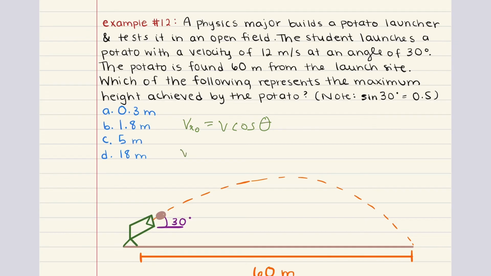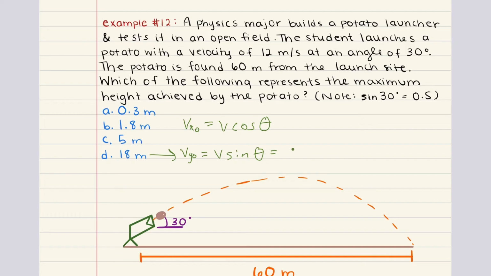For our vertical component, that's going to be equal to v sine theta. Now, since our ultimate goal for this problem is to find the maximum height, we only care about the vertical motion. So we're just going to solve for this component.